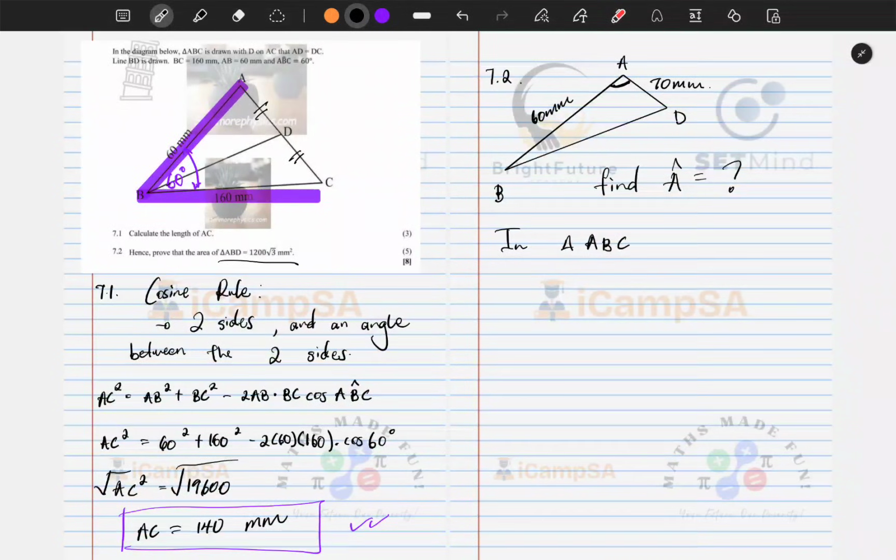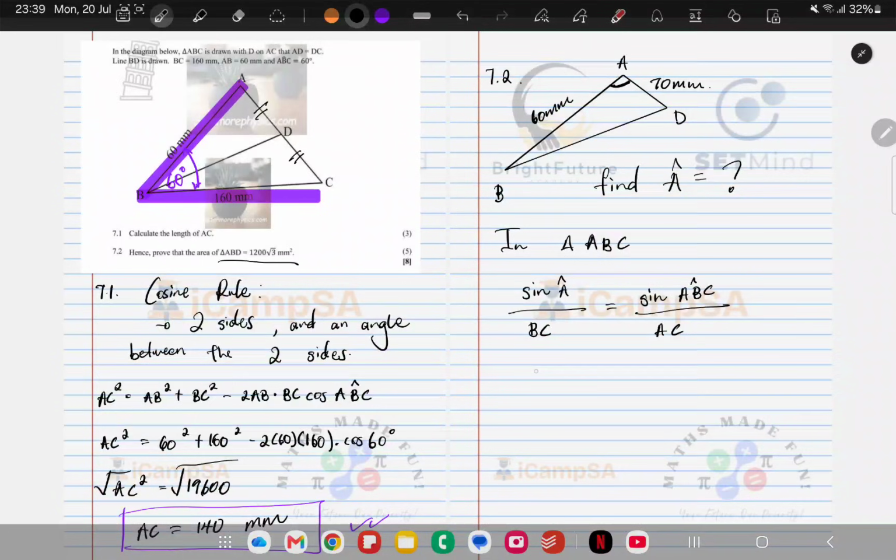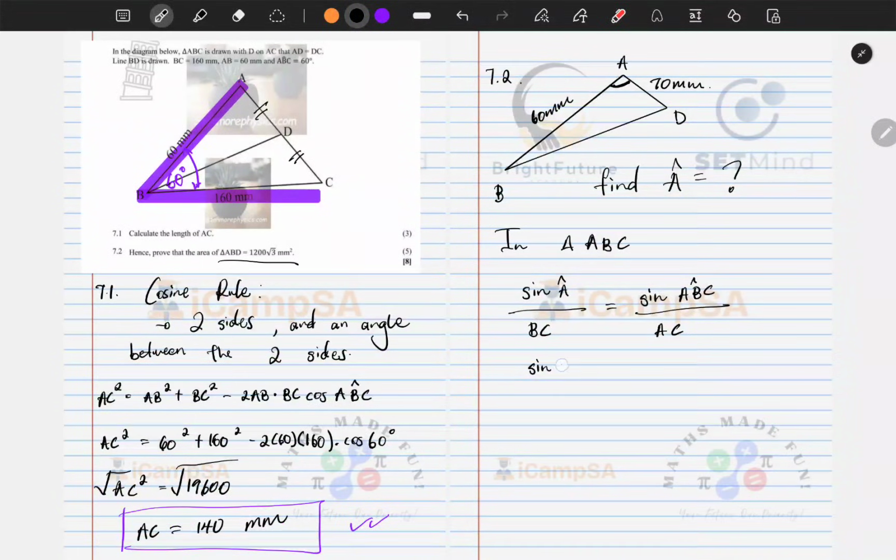Sine of angle A divided by BC, the corresponding side, is equal to sine of angle ABC divided by AC.